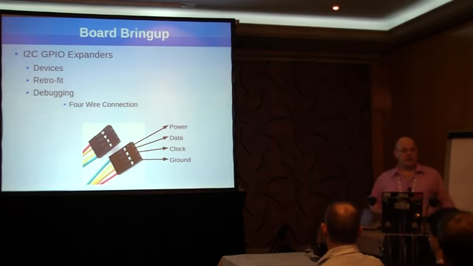So if you want to add some tools such as an I2C GPIO expander to an existing design strictly for debugging, all you need is 4 wires: power, data, clock, and ground. Pictured here is a small cable that you can get at any electronics retailer, and is very easy to work with. So you just put a 4-pin header on your design or solder on a header where you can get it, and you can plug it into any of your I2C devices and work with it from there.